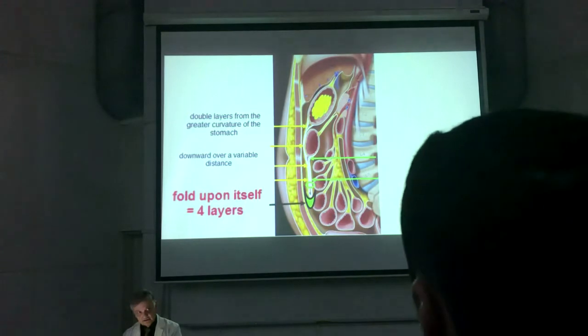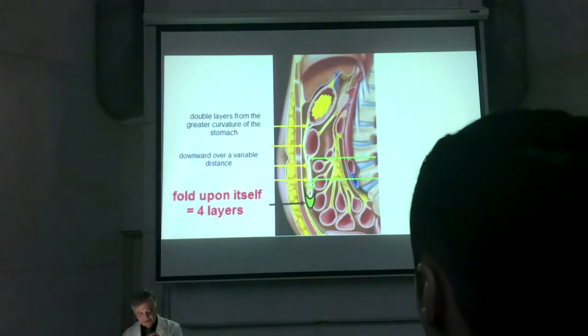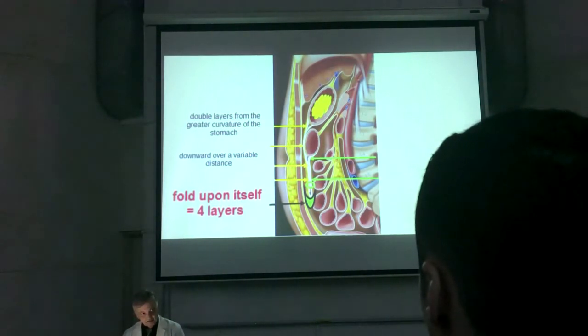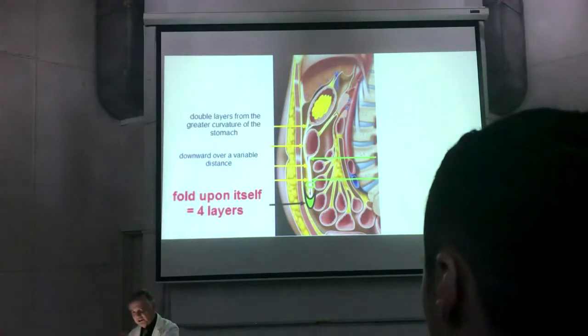It starts at the lower border of the stomach, two layers, they come down a variable distance, turn up, and they make 4 layers, reach the transverse colon.